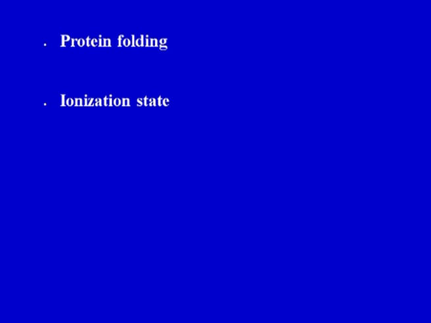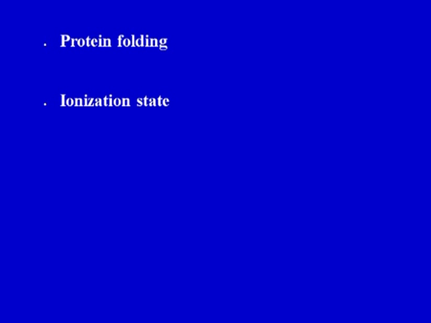Protein folding can be studied, which is very powerful for determining intermediates in folding. Then ionization states can be determined, that is, chemical properties of functional groups in biomolecules, such as ionization states of ionizable groups in the active site of enzymes, and a lot of other analysis can be done.